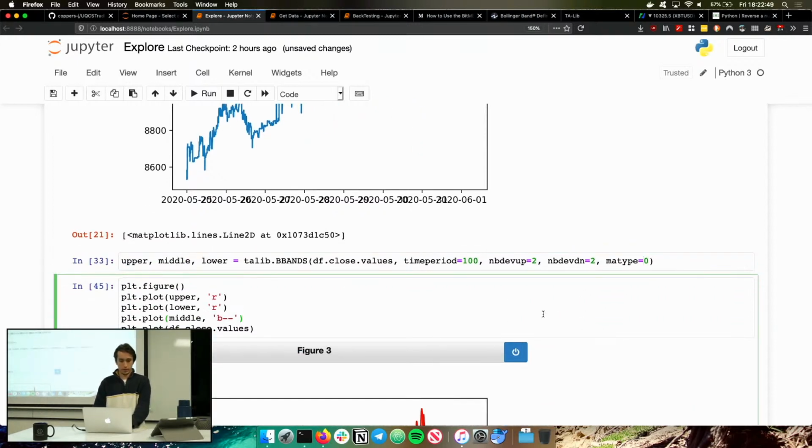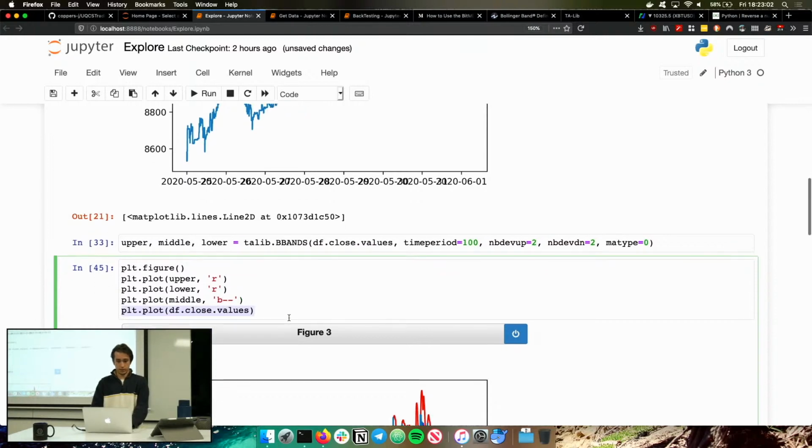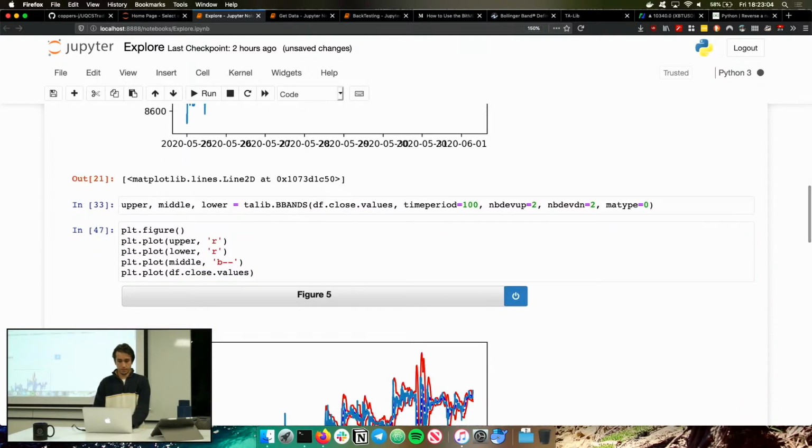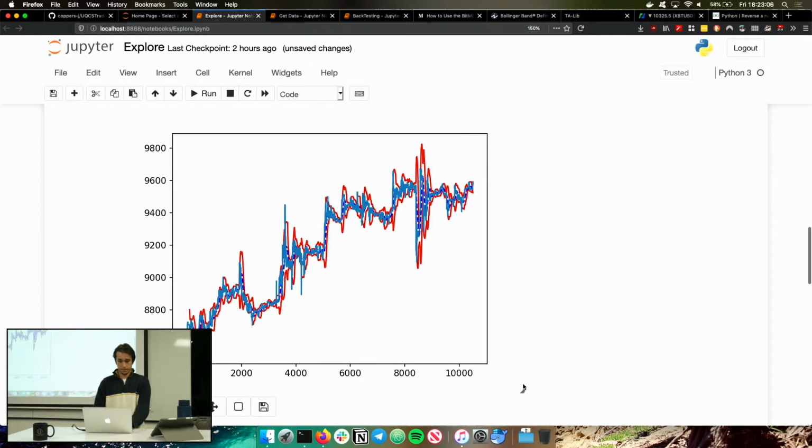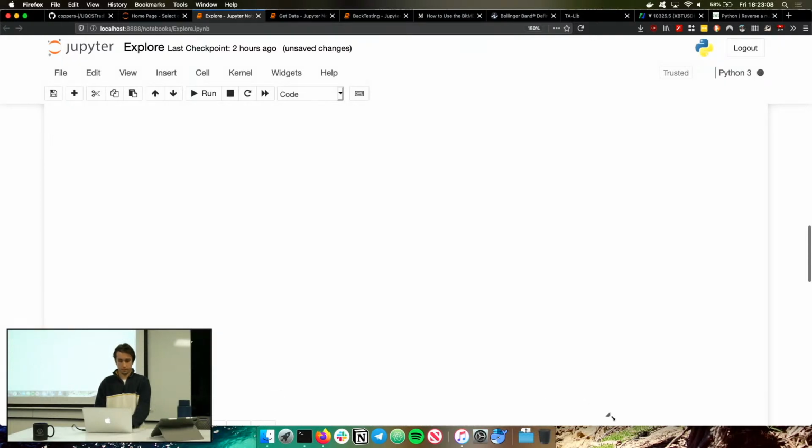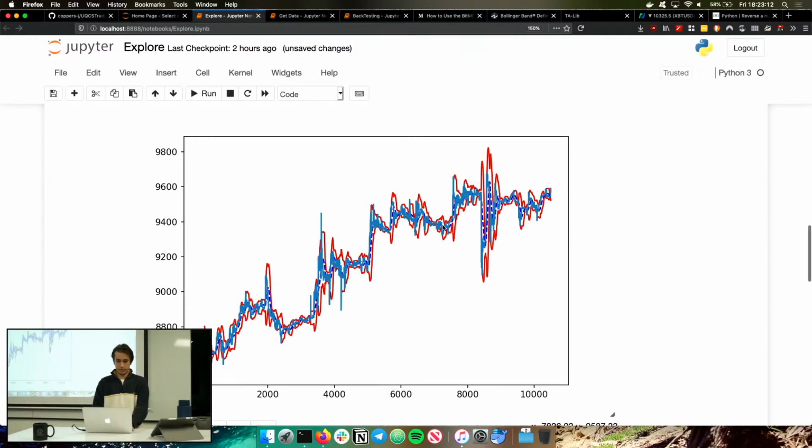So let's plot the upper, the lower, the middle, and the close price, as we see here. Let's plot. All right. Wait for that to load.